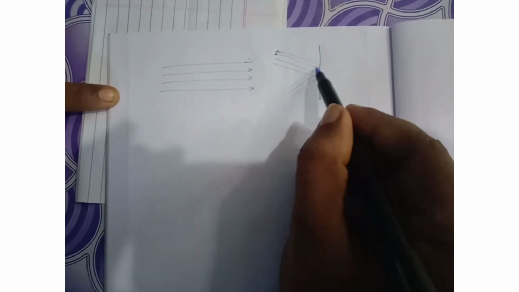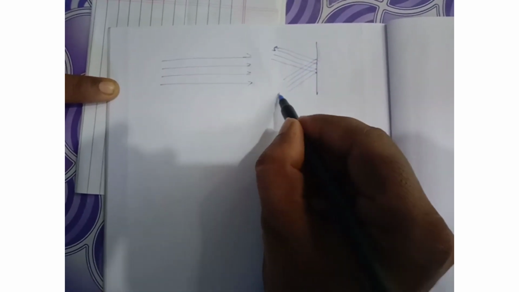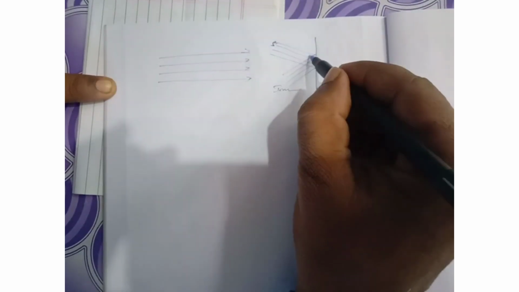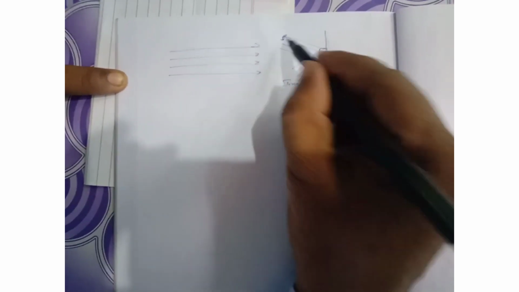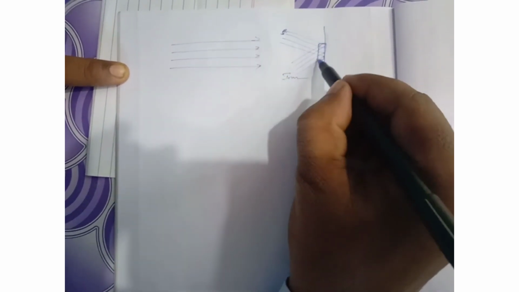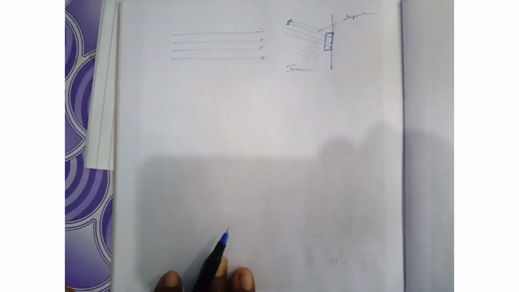This is a plane surface of the mirror. So we see the image of the source here. The source is here, and the image can be observed here. So this is the scattering of light, when a parallel beam of light enters the mirror.